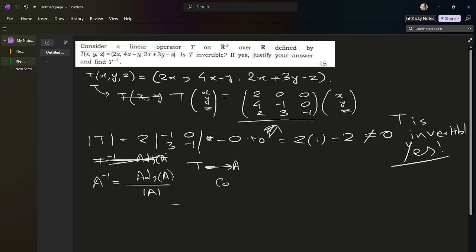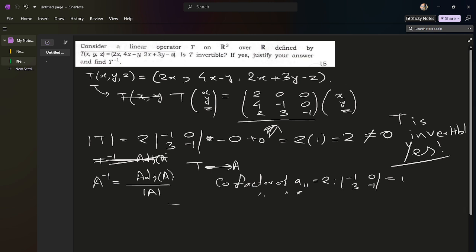The cofactor of A11 equals the determinant of (minus 1, 0; 3, minus 1), which is 1.